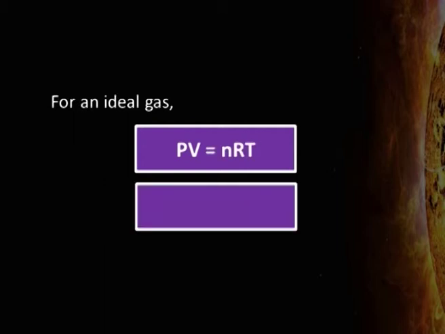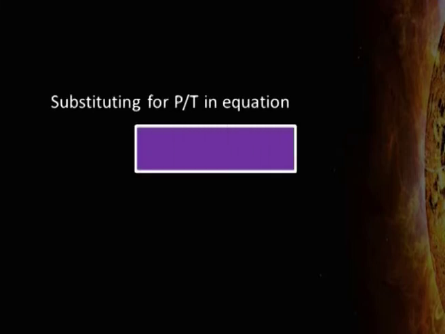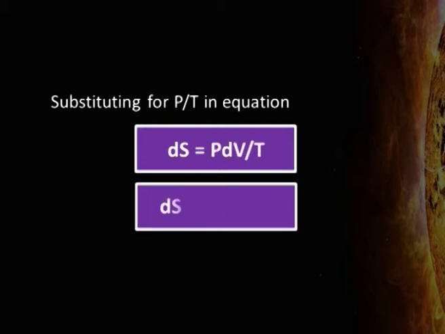Therefore, we can have the value of P by T, which is equal to nR divided by V. Now, substituting this value of P by T in equation dS is equal to PdV divided by T, we will get dS is equal to nR dV divided by V.